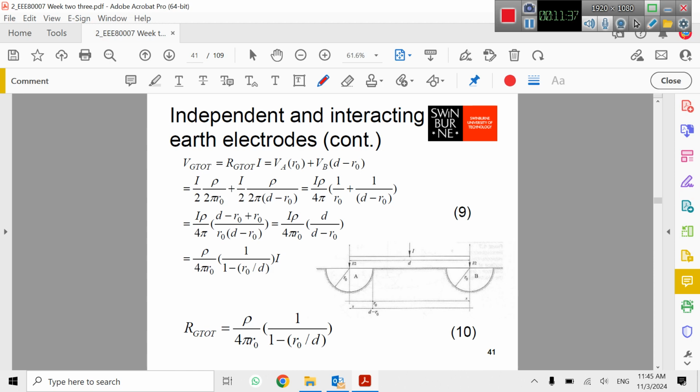So the final equation reached the value rho over 4 pi R0, times 1 plus R0 divided by D, times I. This is the voltage. So this is the final equation, number 10, the final formula to calculate the RG total.